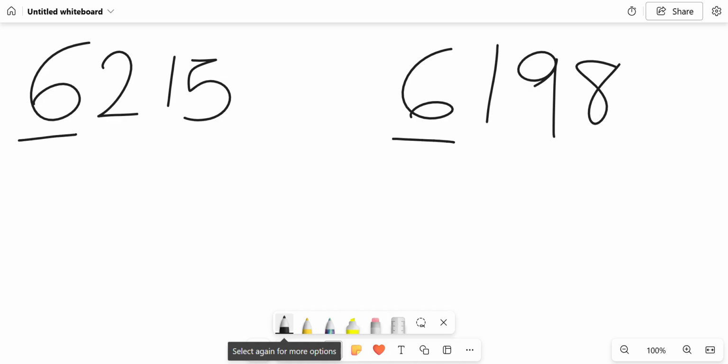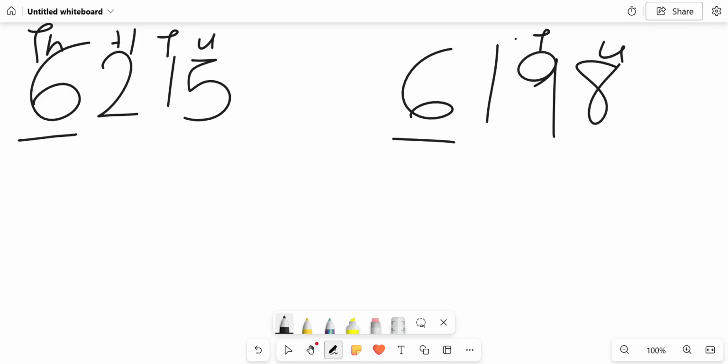This and this are both 6,000, so no one is bigger than the other. Then we compare the hundreds. Let me write the units, tens, hundreds, and thousands so it'll be easier. The thousands are equal to each other because they're 6,000.